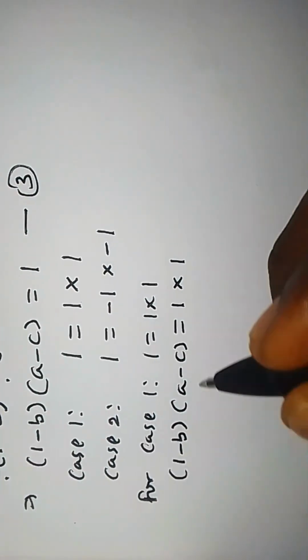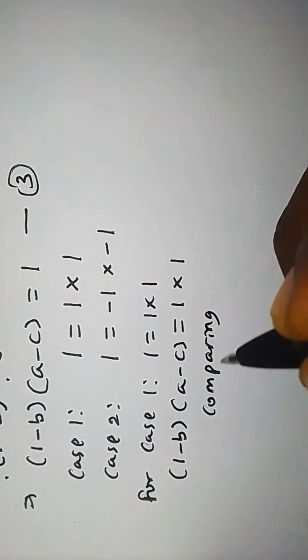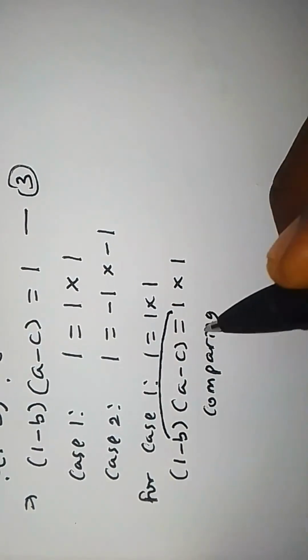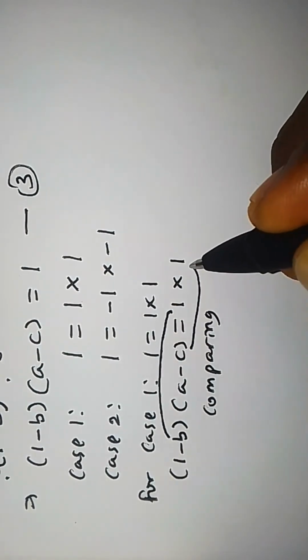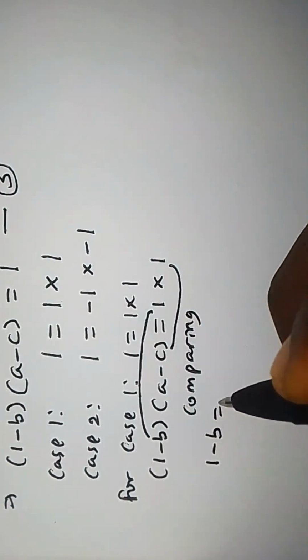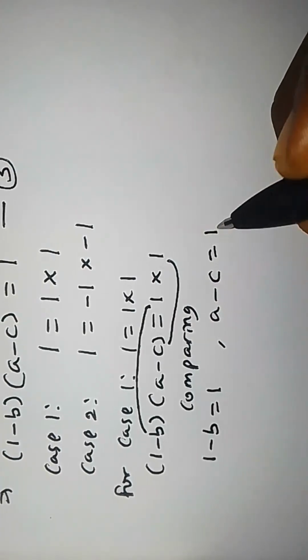Now, comparing, 1 minus B has to be equal to 1, while A minus C has to be equal to 1 also. 1 minus B equals 1. A minus C equals 1.